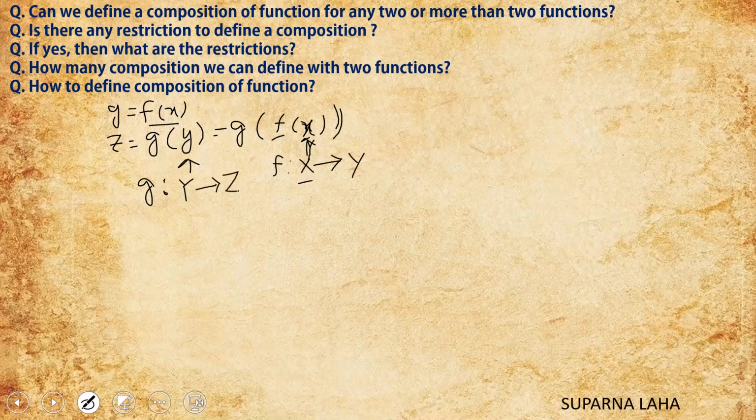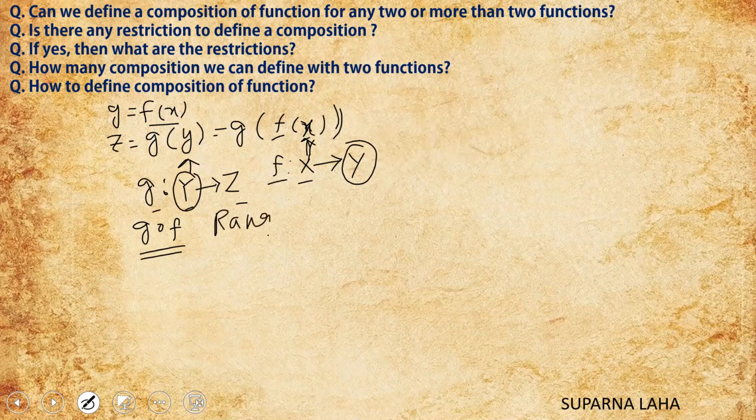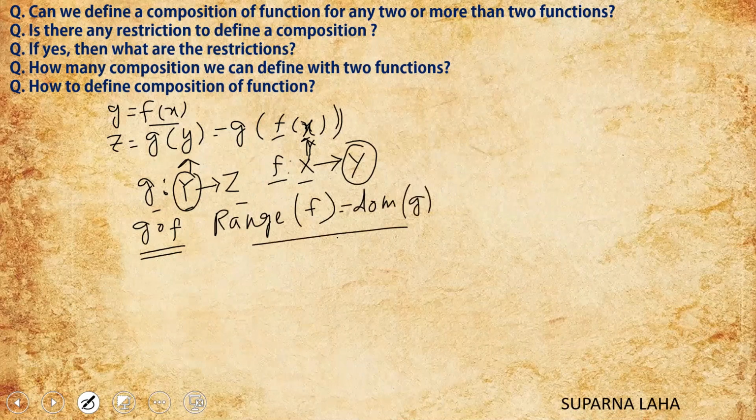Here I am taking g defined from Y to Z. Now this g∘f, composition g composition f, this function will be defined when the range of the function f is equal to the domain of the function g. So the range of f is equal to the domain of g. If this condition holds, then I can define this g composition f.